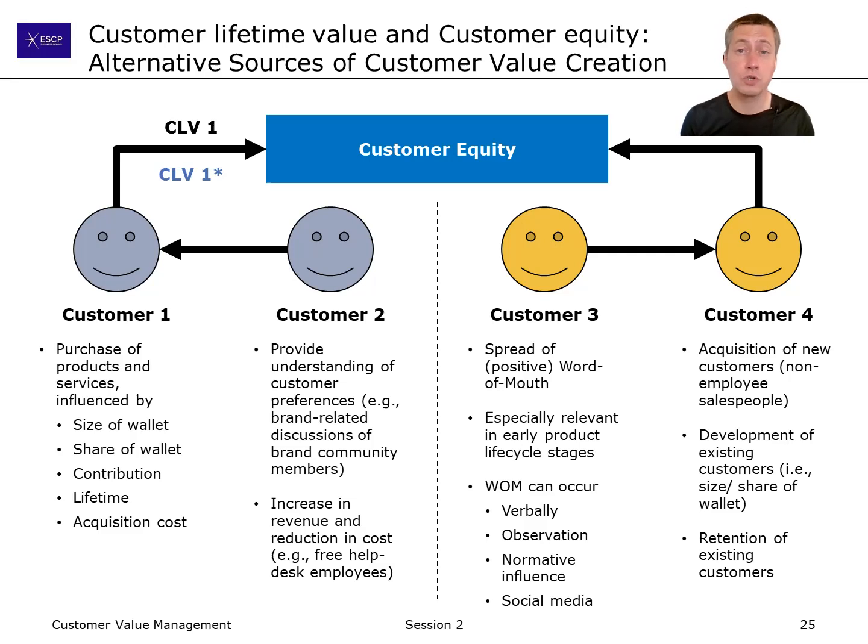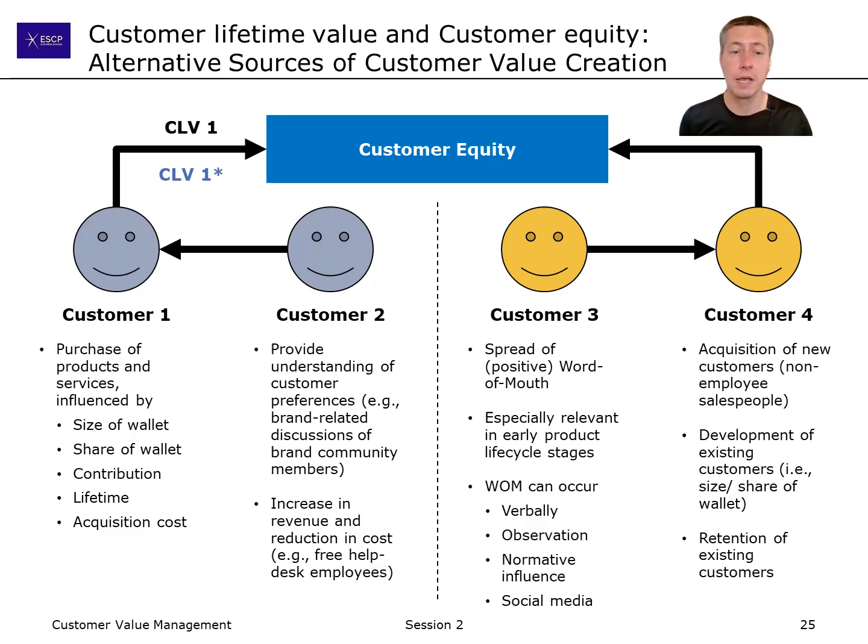And even if customer 2 never buys the product him or herself, so technically the CLV of customer 2 is 0, what customer 2 probably does is help other people understand the product better, and probably it is those other customers who buy more products in return. So the effect that customer 2 has on the customer equity of the firm is not direct through CLV, but indirect by changing the CLV of another customer.